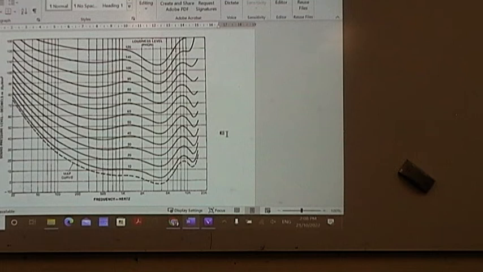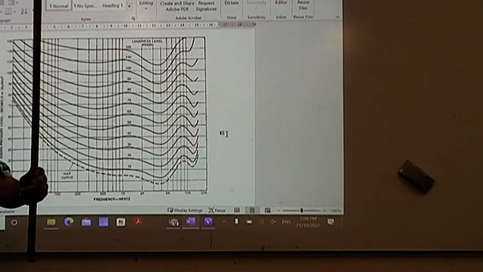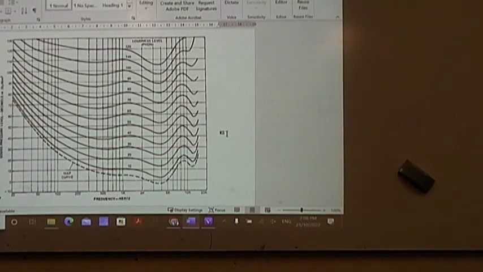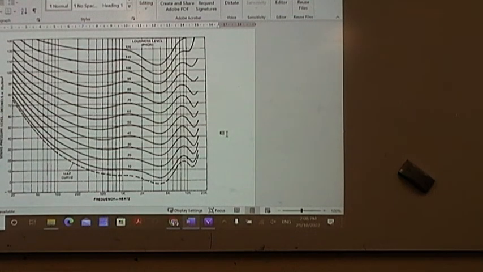It depends on age. So enjoy music while you're young. The older you are, the smaller the range of music you will hear. But 20 hertz we will not hear at all.